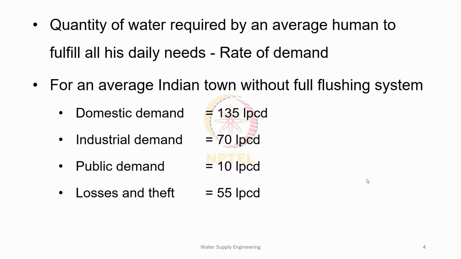Or sometimes additional unauthorized connections are taken in between the pipelines. Tappings are made in between the pipelines. All these come under theft. I hope it is clear to you.